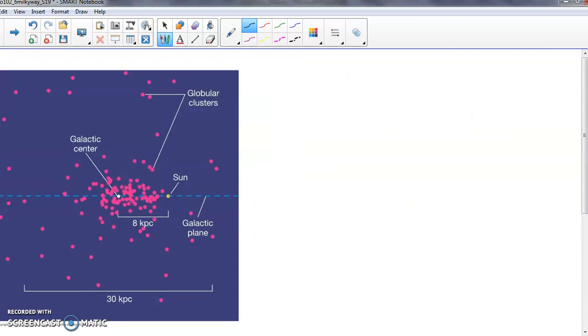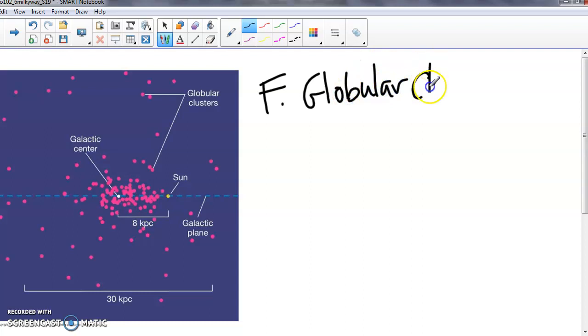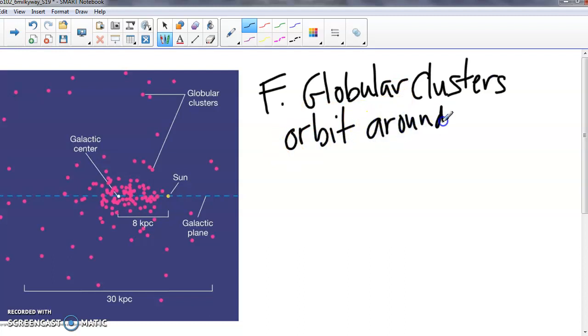This was actually used about 100 years ago to map out the Milky Way, and at that time we figured out that all the globular clusters that are in the halo are part of our galaxy because they orbit around our bulge, or around the center of the Milky Way.